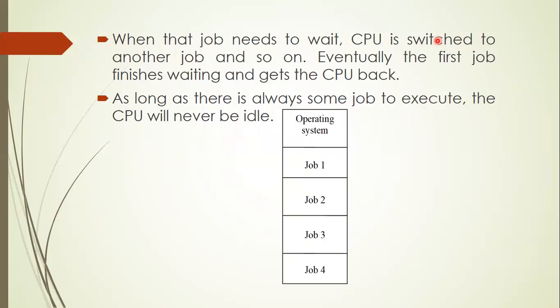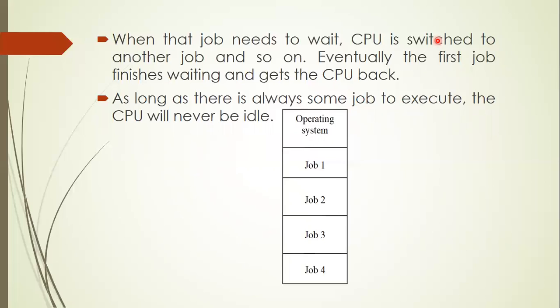Now assume that all the 4 jobs are IO operation free. That means none of the jobs has any input-output operation. In that case, the CPU starts executing job 1 immediately, so that job need not wait at all. The waiting time for job 1 is 0. But the CPU starts executing job 2 only after completing job 1.